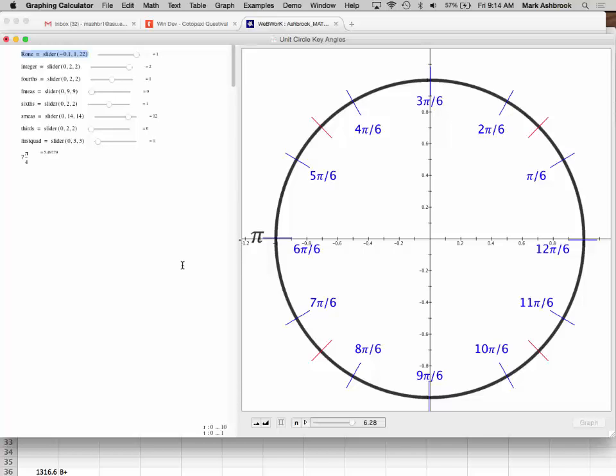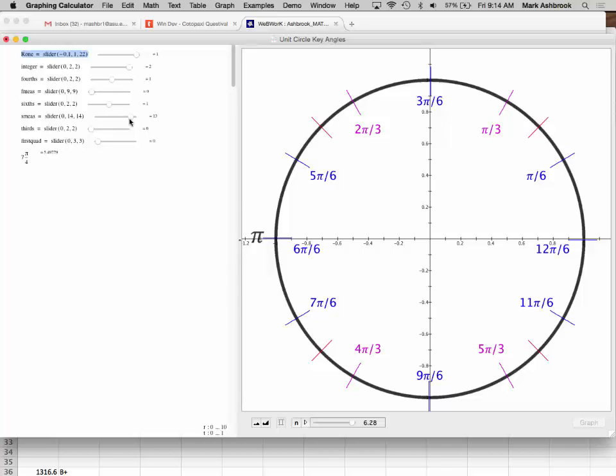But we notice that there are 4 of those that actually can be simplified further into thirds. So 4 of the new ones, pi over 6, 5 pi over 6, 7 pi over 6, and 11 pi over 6, we're done. Those are fully simplified. But then these ones closer to the top and bottom of the circle can be simplified to thirds.